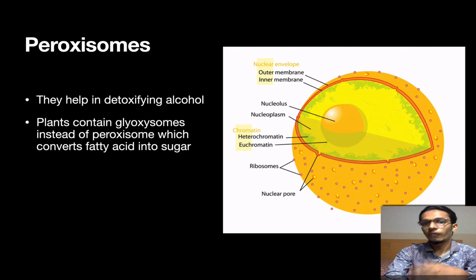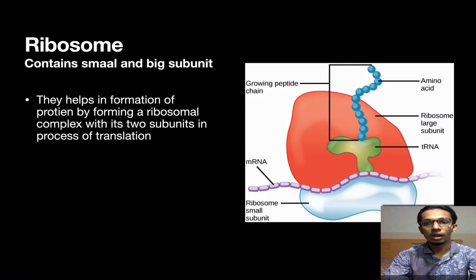They detoxify alcohol or any other chemical which they can detoxify. They try their best. If they can, they will. But the main function is alcohol. After that, we have glyoxysomes, which are found in plants and convert fatty acids into sugar. Ribosomes, I told you.